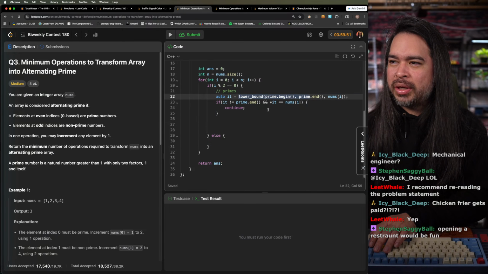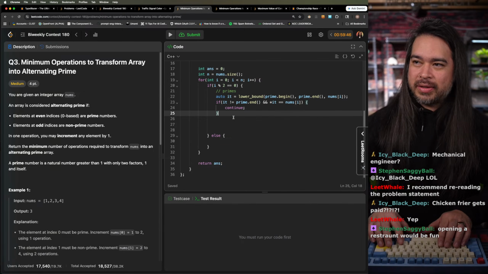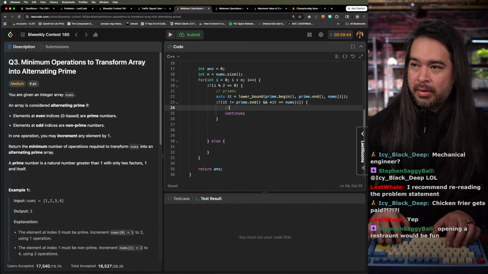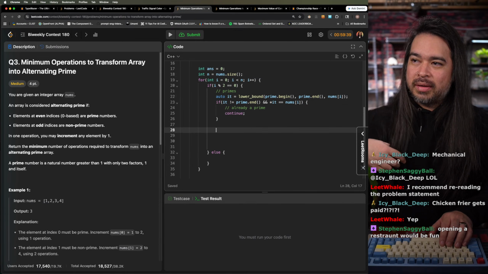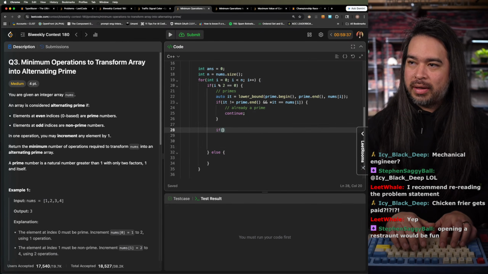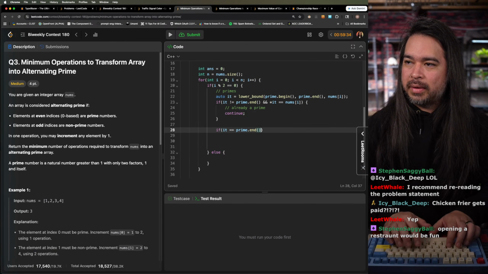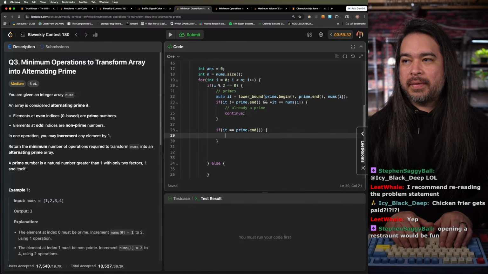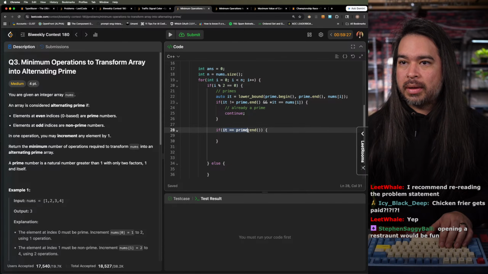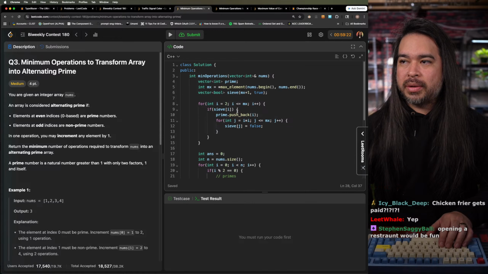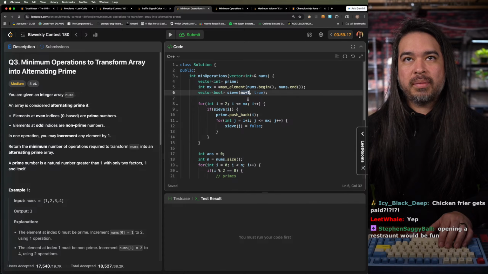So I do the lower bound, and if it's the same, we don't need to add nothing because it's already a prime. But if it's not, then I guess we check if it's that. Oh, snap. If it's that, then we need like the next prime number. So perhaps we need to go further than the maximum.